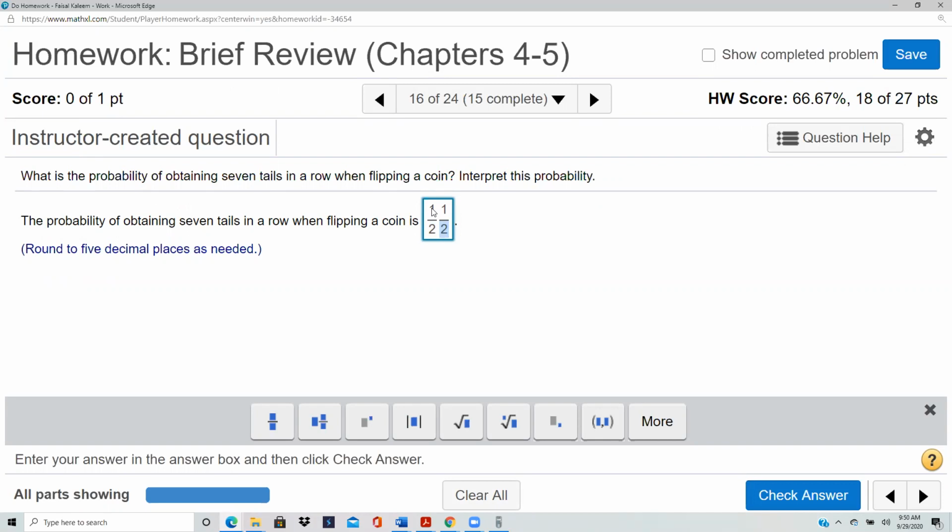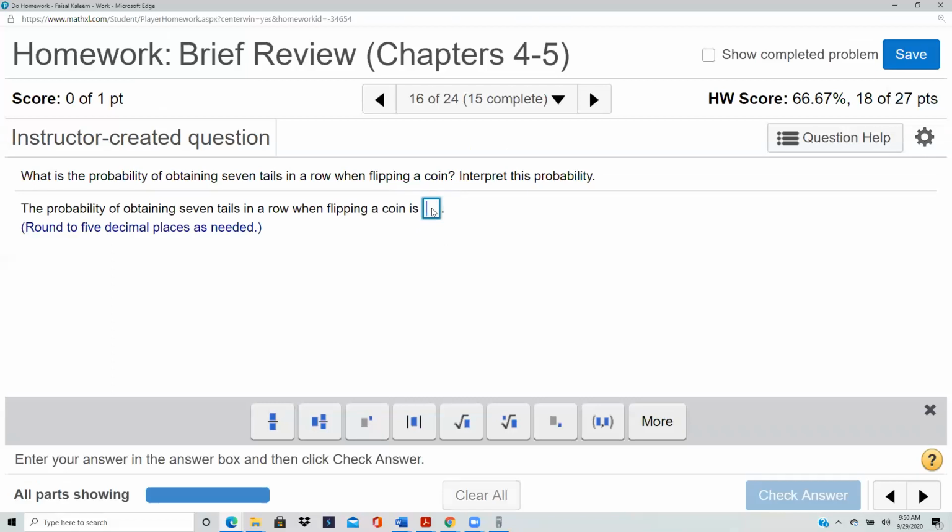So that's like saying a half to the 7th power. Right, a half to the 7th power equals 0.00781.